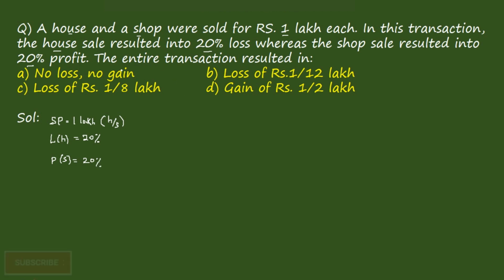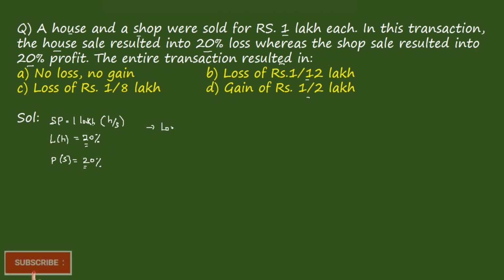Now, for the entire transaction you have to find whether it is a loss or gain and how much. It is also a similar type of question. There are two similar items, each of them 1 lakh, and the loss and profit are the same, 20%. So we can directly say that there is a loss.